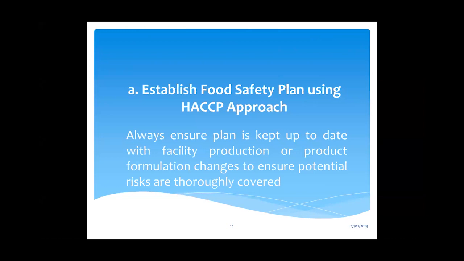For instance, if there are facility, production or product formulation changes, it is always worthwhile to go back to all the documents and make any changes required to ensure that all potential risks are fully covered. And that will save the organization a lot of time, money, and save brand reputation as well. So having a well-equipped team on board to work on the HACCP plan and identify any risks is very, very important.